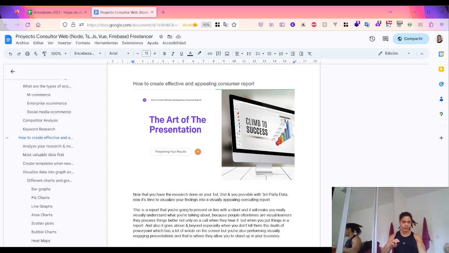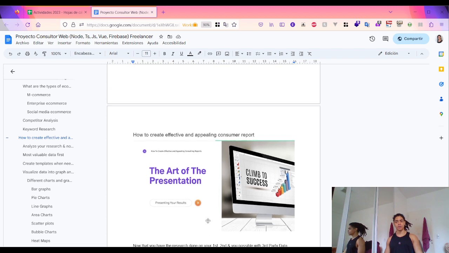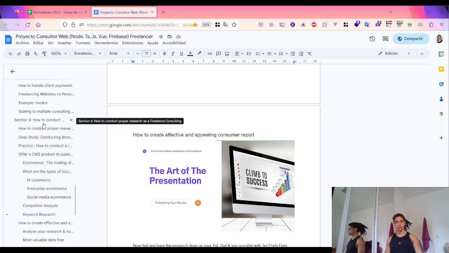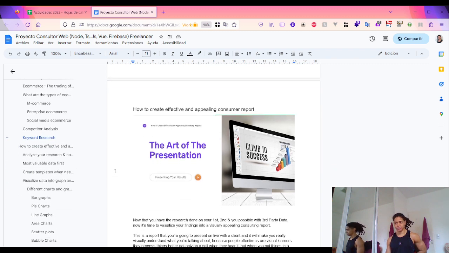Then understand where to find and land paying consulting clients, and ultimately this last module is how to conduct proper research.